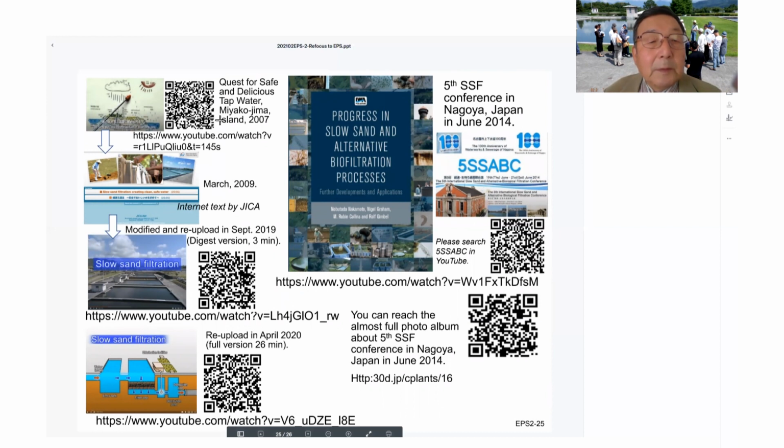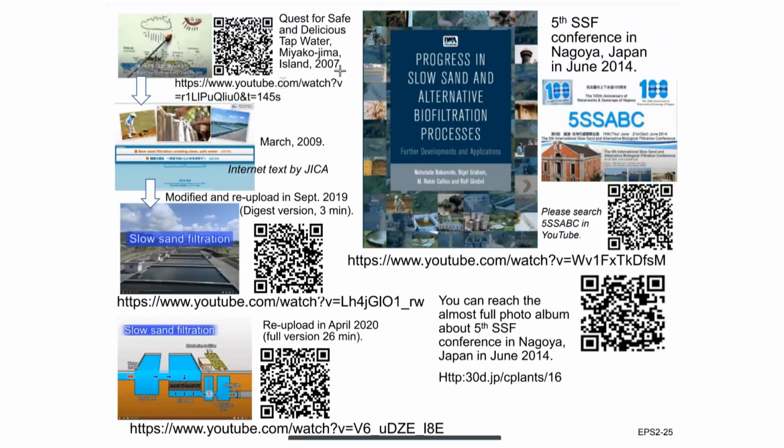I also made a video case study for safe, delicious tap water on Miyako-jima Island in 2007. JICA made an internet textbook in 2009, and this was modified and re-uploaded in September 2019, as a 3-minute digest version and a 26-minute version.